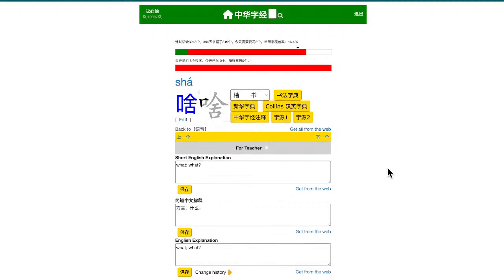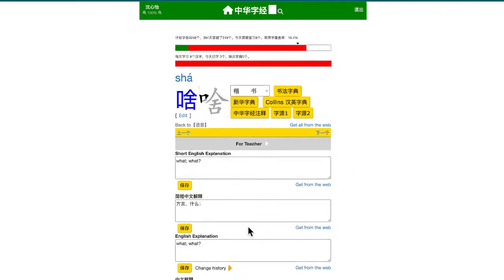Next one, 啥. 啥 is what. Now this is a pronoun used in a question or used in a statement. Used in a question, it's equivalent to what in English. Used as a pronoun, it's equivalent to some in English.